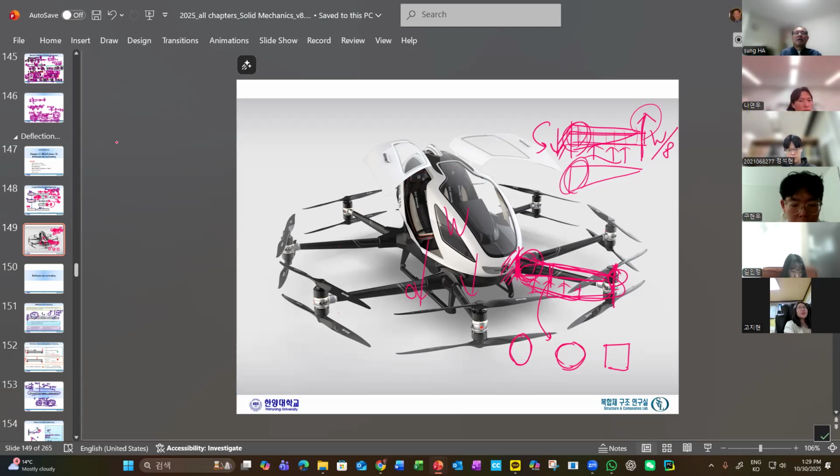Why elliptic like this? Because this will be bending like that, up and down, so we have a slightly longer elliptic shape rather than transverse. Effectively, this structure can take over the bending moment, right?